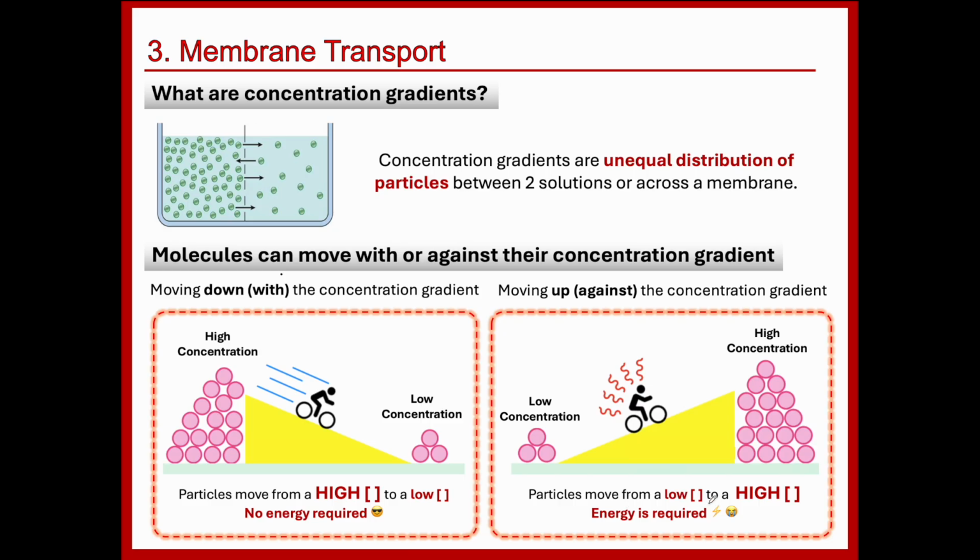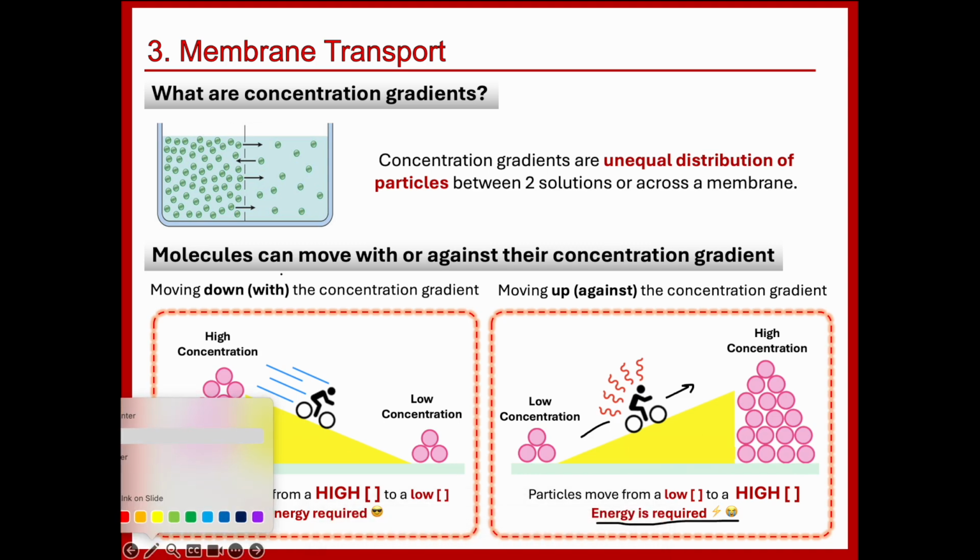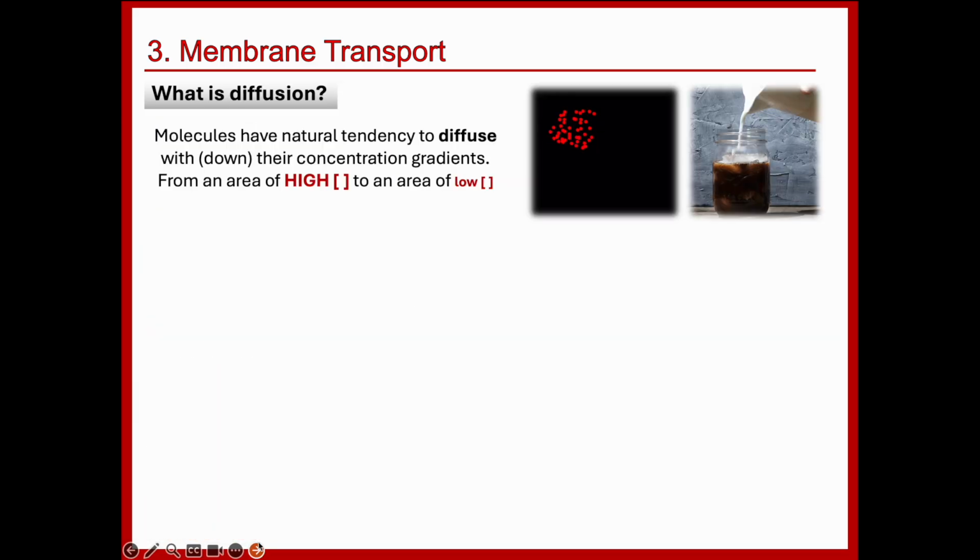Particles will move from a low concentration to a high concentration, and energy is required here. We're going to see this in a bit, okay? But I just want to get you used to the terms gradient and going up or down the gradient. Why is energy required? You even know this. To go up this hill takes a lot of energy compared to going down it. You could just go down the gradient, with the gradient, right? Okay. So let's keep going.